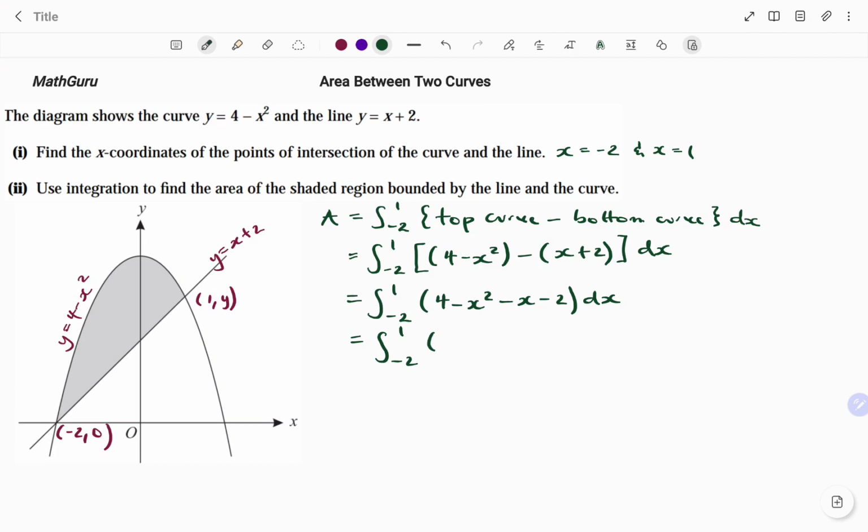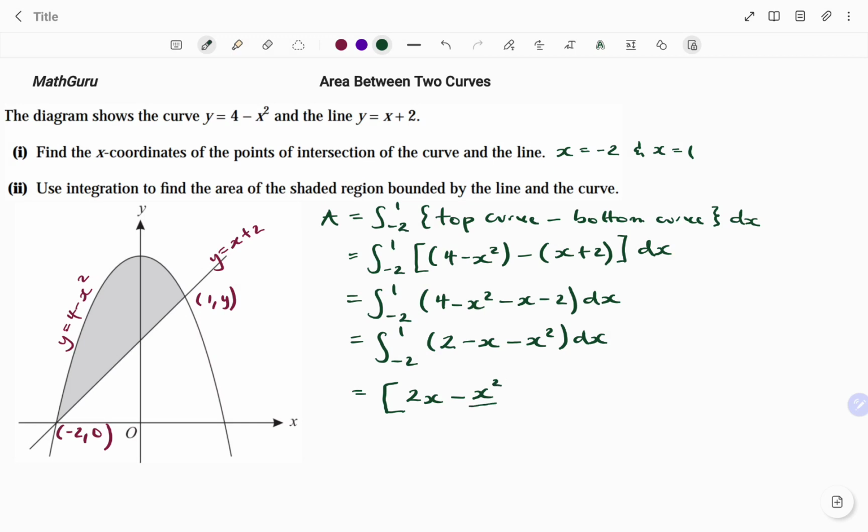I'm going to arrange in ascending powers of x. So I start with 4 minus 2, that's 2, minus x, minus x squared with respect to x. And if I integrate that, I'm going to have 2x minus x squared over 2.